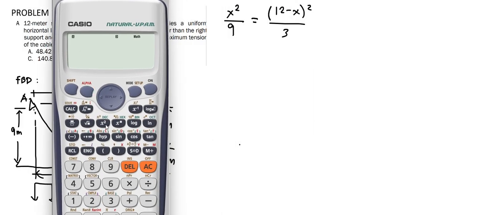So we have x squared divided by 9, that is equal to 12 minus x squared divided by 3.